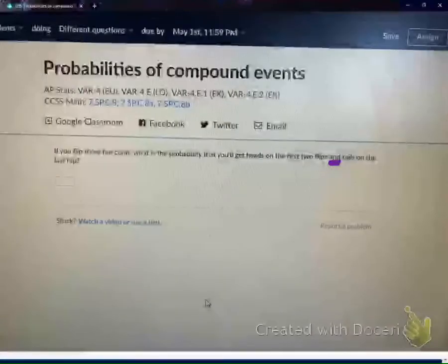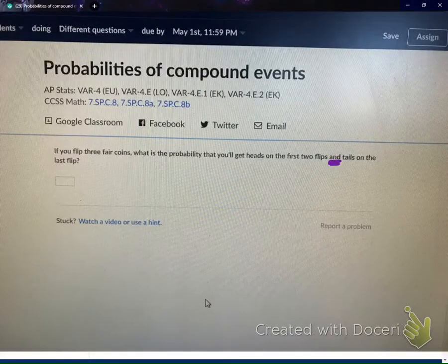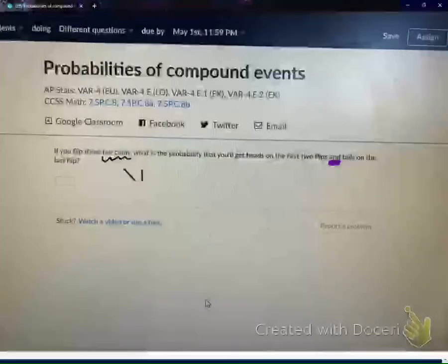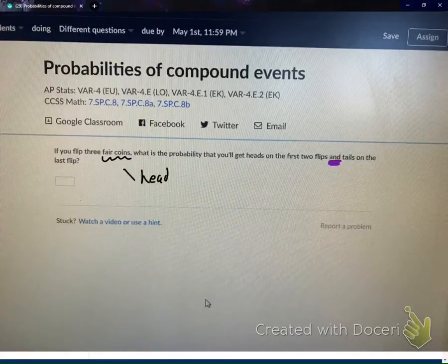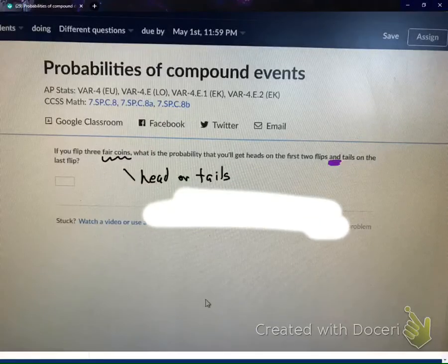So recall, a coin flip will always end up in either heads or tails, which means that we always have one of 2 possible outcomes for each one of these. So I've got, again, several flips of this coin to worry about.